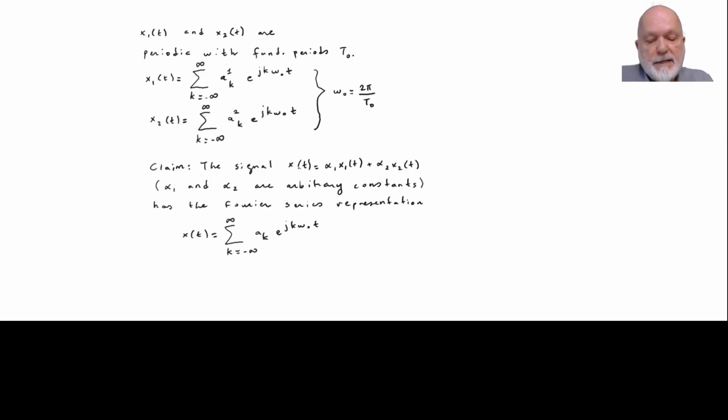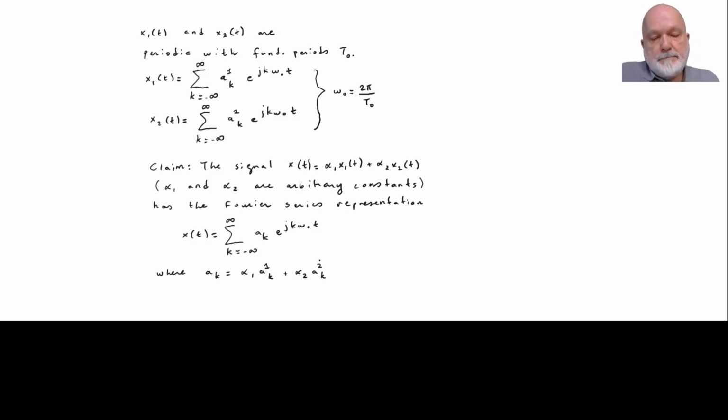Now the claim is the following, where the coefficients ak are obtained as follows. ak is equal to alpha 1 ak1 plus alpha 2 ak2.